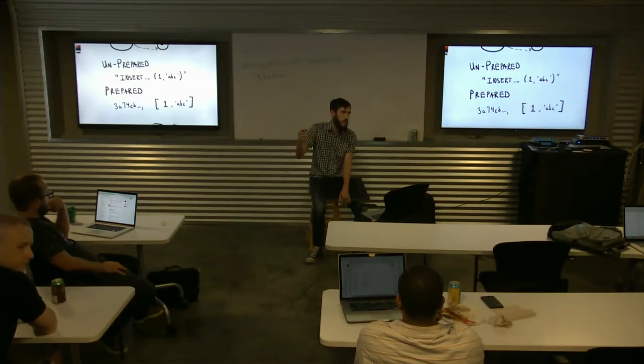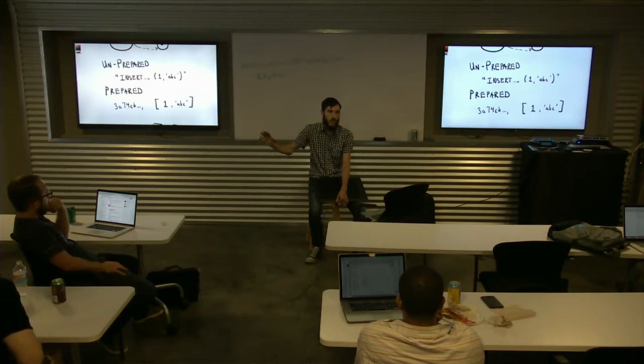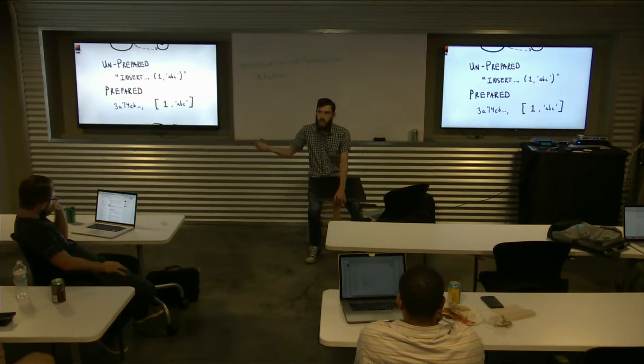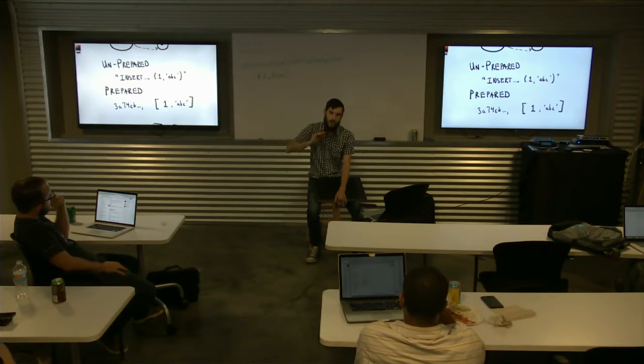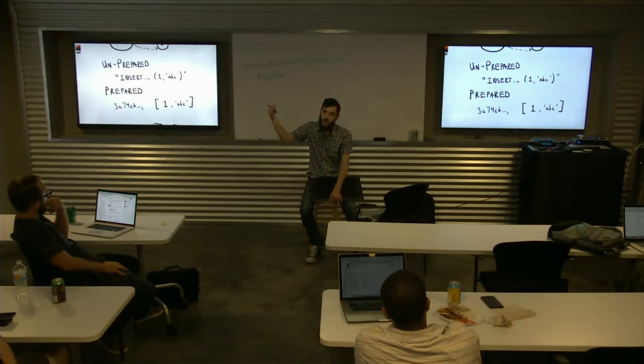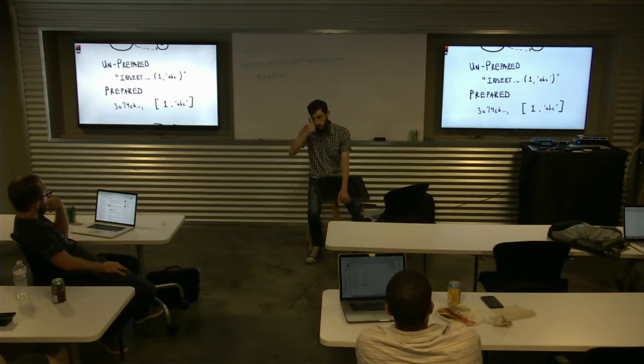Unprepared is basically just sending a CQL query string, just like if you typed it into the CQL shell. To do this, the driver takes the query parameters, puts them into the string, and sends off a string to Cassandra. When Cassandra gets that, it has to parse the query string, convert it into Java objects that represent the query, and then it can actually move on to executing the query.